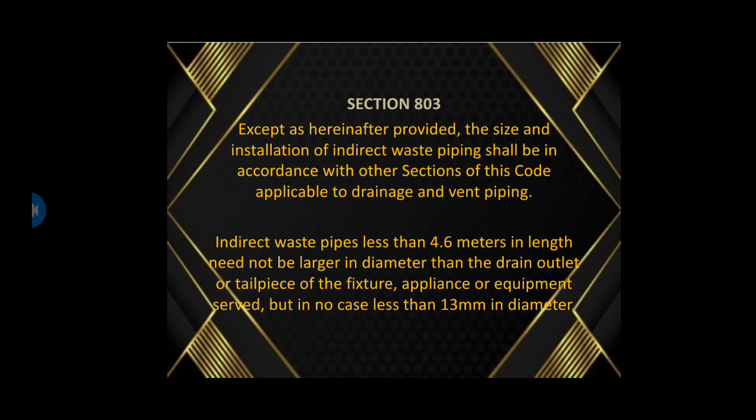But indirect waste piping 1.5 meters but not more than 4.6 meters in length shall be extended separately to the outside air, and it shall be directly trapped, but the traps need not be vented. Angles and changes of direction shall be provided with cleanouts to permit flushing and cleaning.